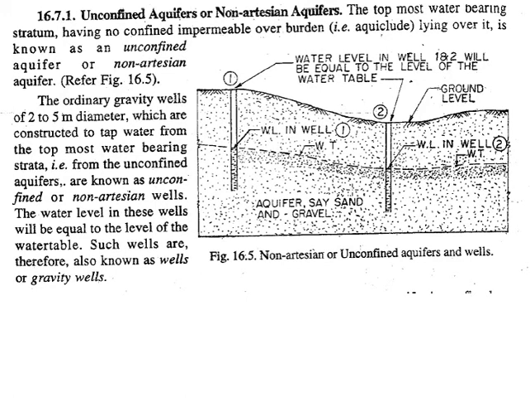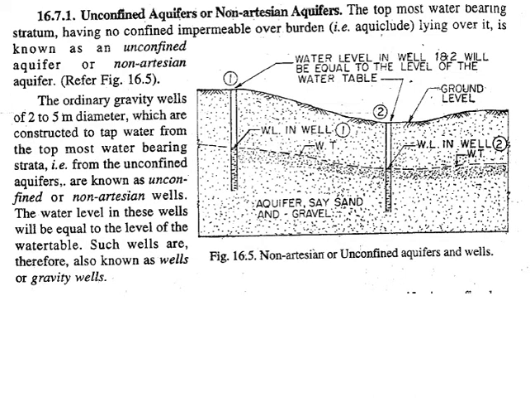So this is an example of an unconfined aquifer where there is no impervious strata, and so this is an example of a non-artesian aquifer. The wells which have been dug through this unconfined aquifer are also known as gravity wells, in which the water level in the well is equal to the level of the water table.